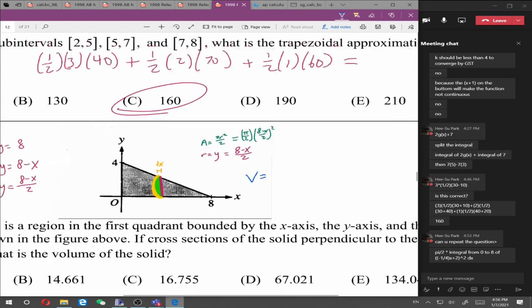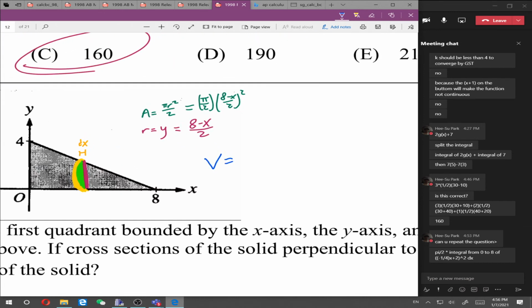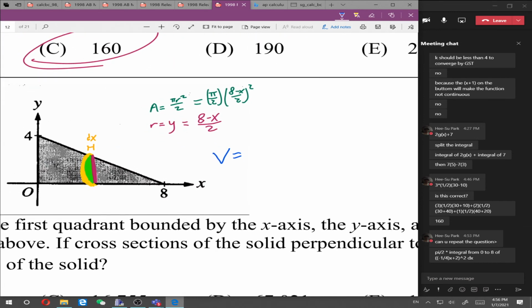Okay, so our volume is going to be equal to our area times our change in x from our start point to end point of our x value, which is from 0 to 8. So that's pi over 2 times the integral from 0 to 8. I'm just going to copy our area equation. So that's 8 minus x squared over 2.